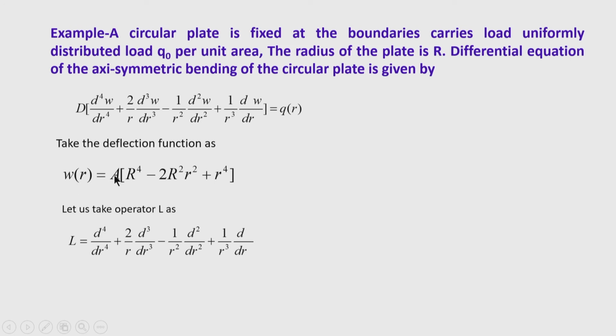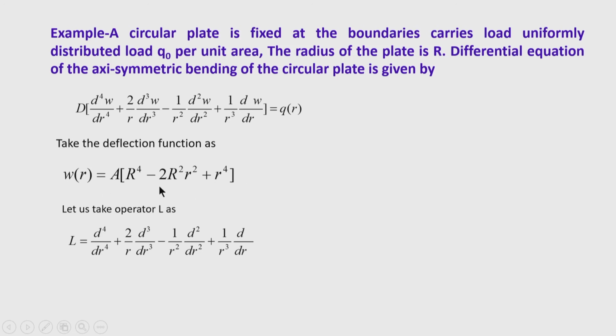If capital R is the radius of the plate, by substituting small r as capital R, you will get w at the boundary as 0. Again, if you differentiate it and then substitute small r equal to capital R, at the edges the slope will be 0. So, two conditions are satisfied easily. Therefore, this function can represent the deflected surface of the circular plate clamped along the boundaries.